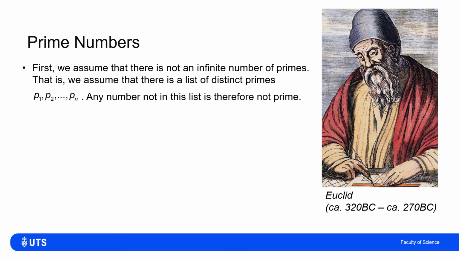So we start by assuming that there is some probably very large list, P1, P2, P3, and so on, up to Pn, and that any number not in that list is not prime. So if these were in order, P1 would be the first prime number, 2, P2 would be the second prime number, 3, P3 would be the third prime number, 5, and Pn would be the largest prime number, the nth largest for some n.